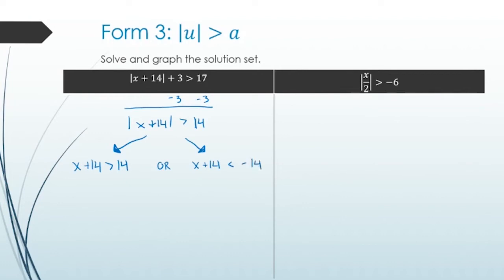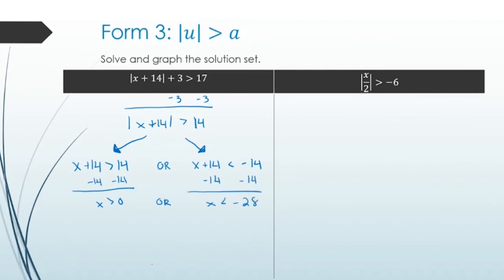So we have to reverse the inequality because of the negative there. So now you solve each of these for x. I'm going to subtract 14 from both sides. We get x is greater than 0, or x is less than negative 28.